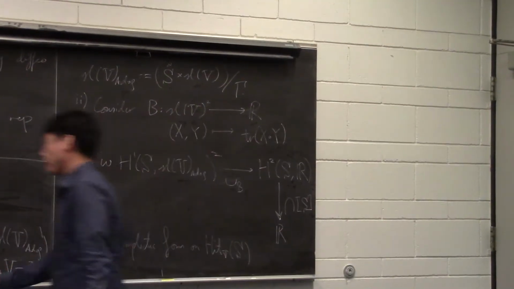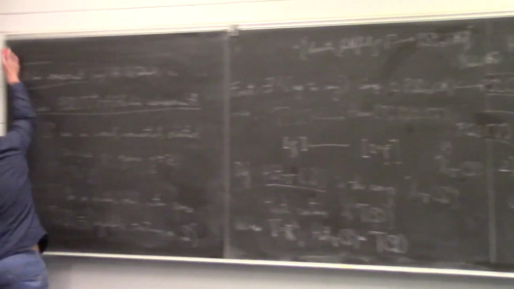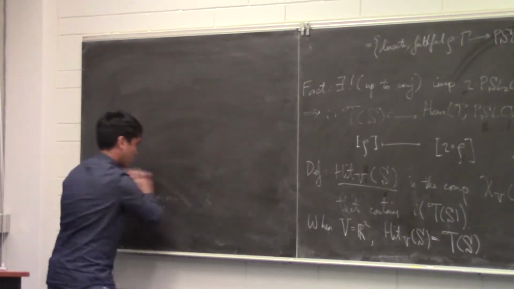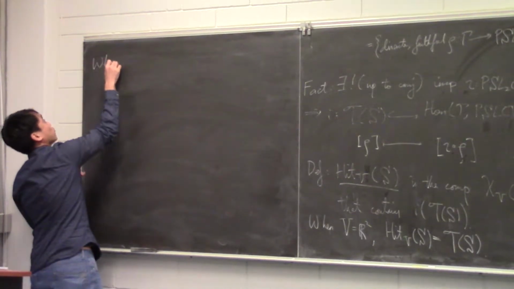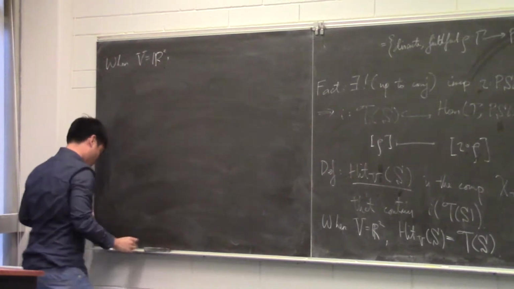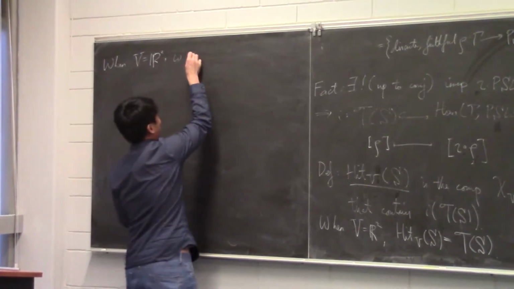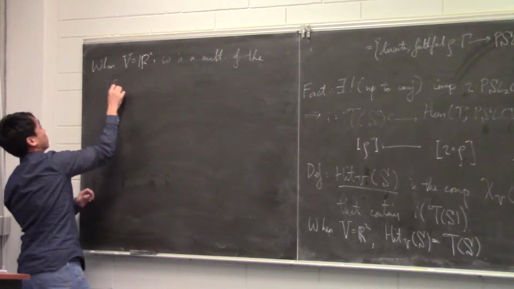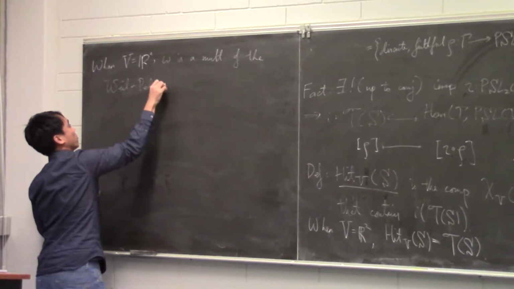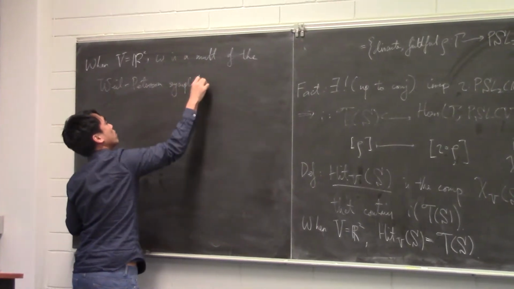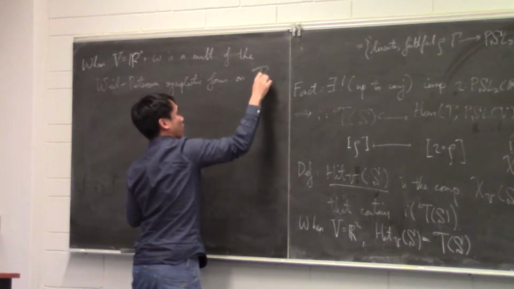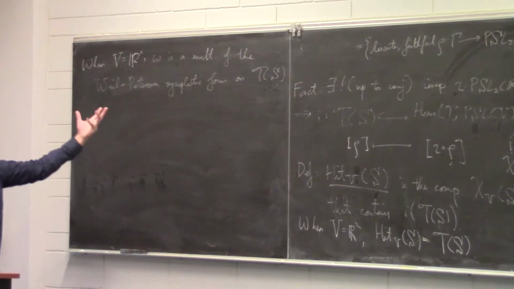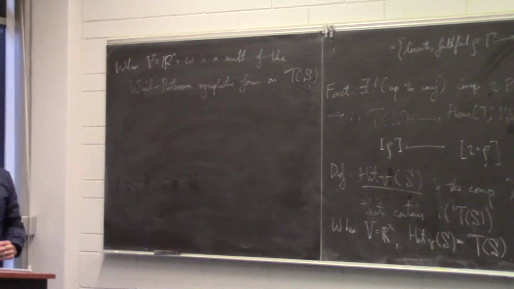In the case when V equals R2, this Goldman symplectic form omega is a multiple of the Weil-Petersson symplectic form on the Teichmüller space of S. Remember, when V equals R2, the Hitchin component is just Teichmüller space, and this Goldman symplectic form is a very classically studied symplectic form.